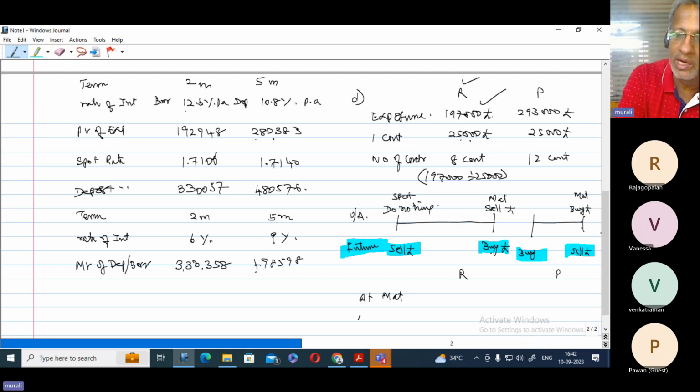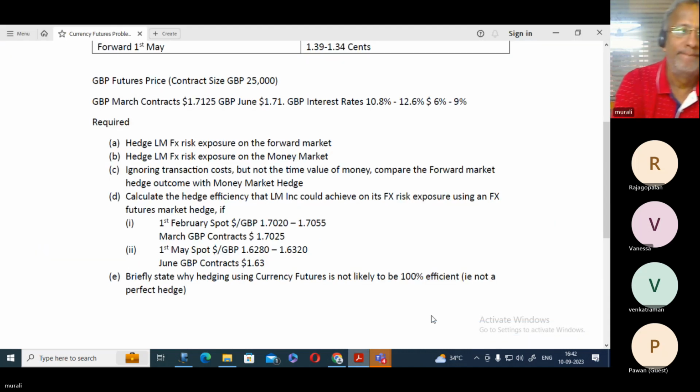At maturity and at spot, we will first take up the receivable exposure. In receivable exposure, at spot, we have to sell, and at maturity, we have to buy. Now let us look into the rate. First and foremost, March contracts would mean only receipt, so we are not looking at June now.